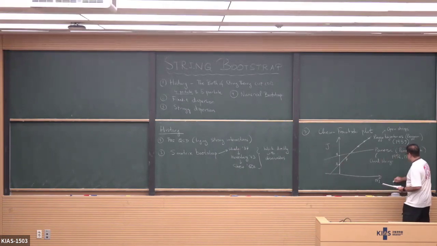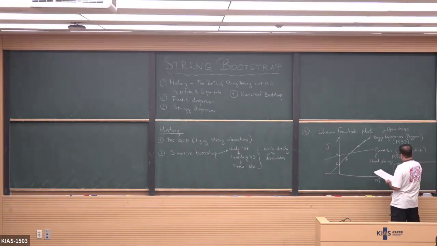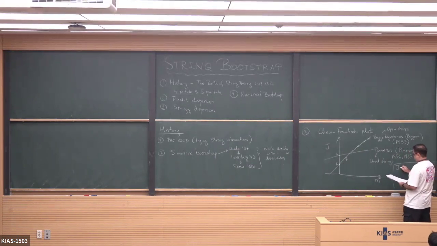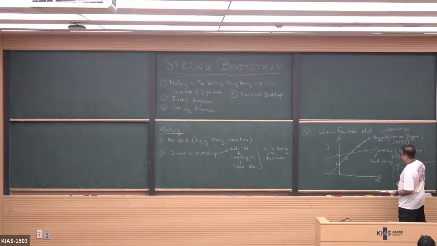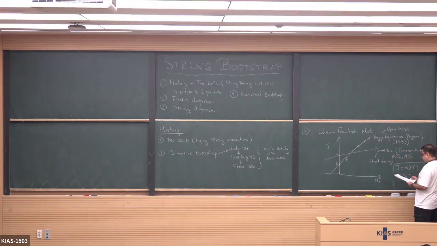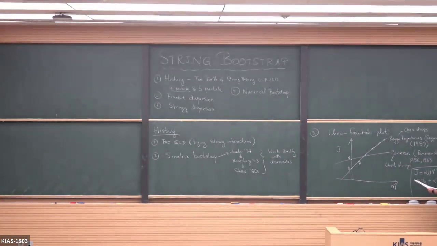So just to put some equations here, the equation that you get approximately is that of a straight line. Conventionally, this is denoted by the function alpha. If you do a Taylor expansion of this function, and it's approximately a straight line, you're going to get a constant, which is the intercept, and a derivative of alpha, which is alpha prime. Those of you who know that in string theory, the tension is called alpha prime, this is the origin of the notation alpha prime, and alpha prime times m square.